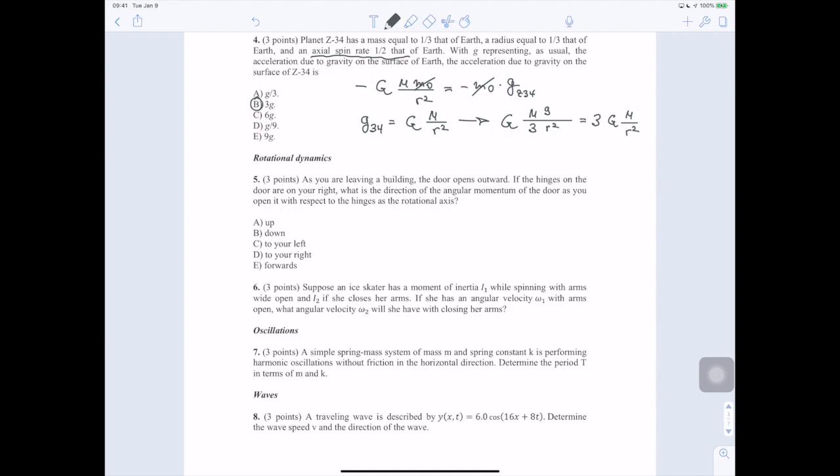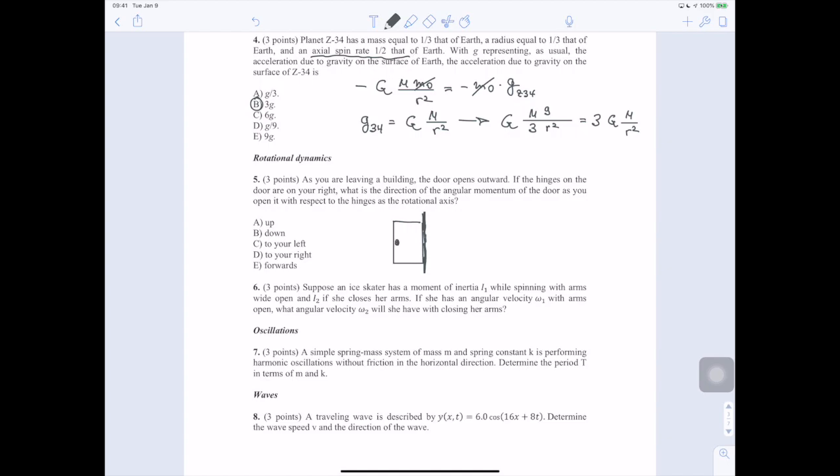As you're leaving a building, the door opens outward. If the hinges on the door are on your right, what is the direction of the angular momentum of the door as you open it with respect to the hinges as the rotational axis? So let's imagine you have a door here like this. And let's say this side is the hinges here on your right hand side.